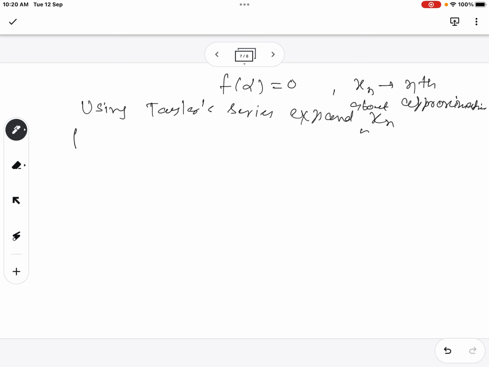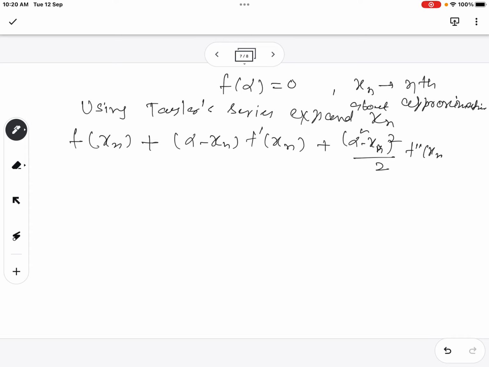So we get f at xn plus alpha minus xn into the first derivative at xn plus alpha minus xn square by 2 into the second derivative of the function at xn, and so forth is equal to 0.